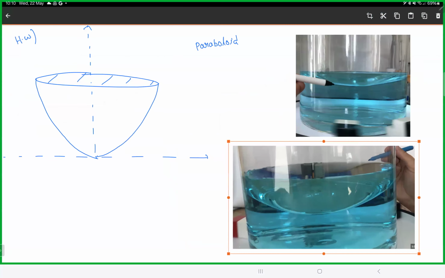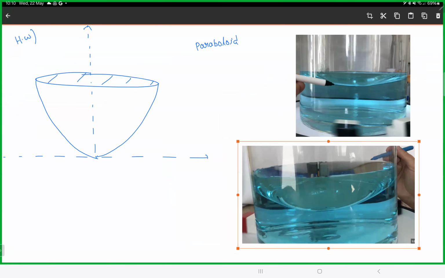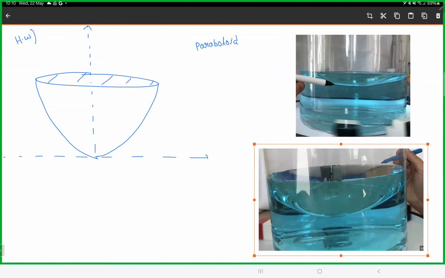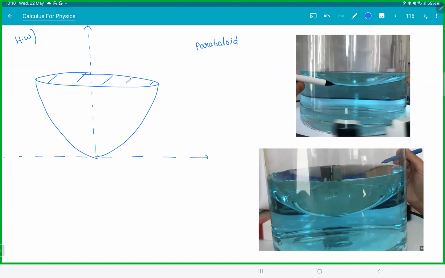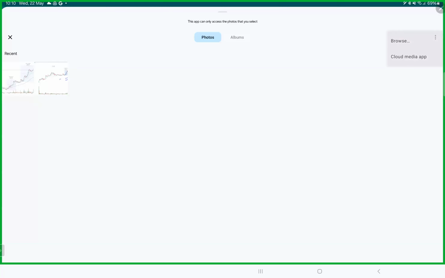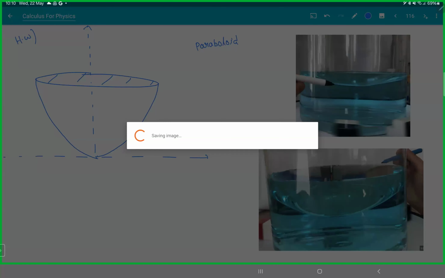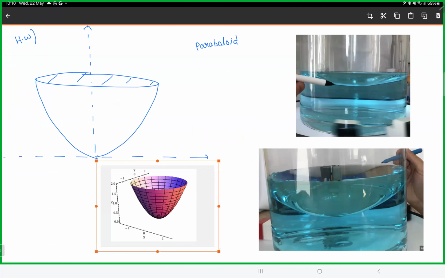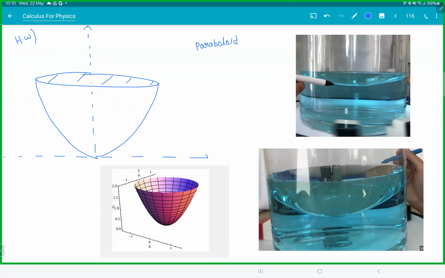Whenever you spin water in a bucket, this is how the water looks. Able to visualize the shape? Bowl kind of shape. If you fill the bucket half with water and then rotate it with your hand, this is the shape you see. This is called a paraboloid.